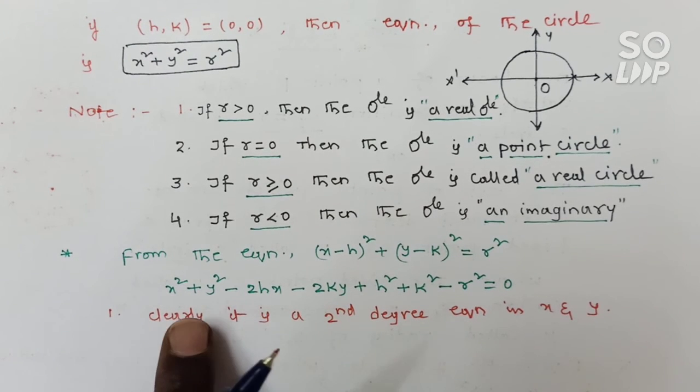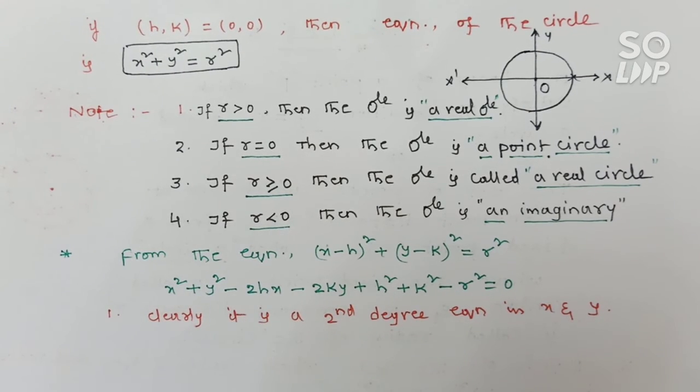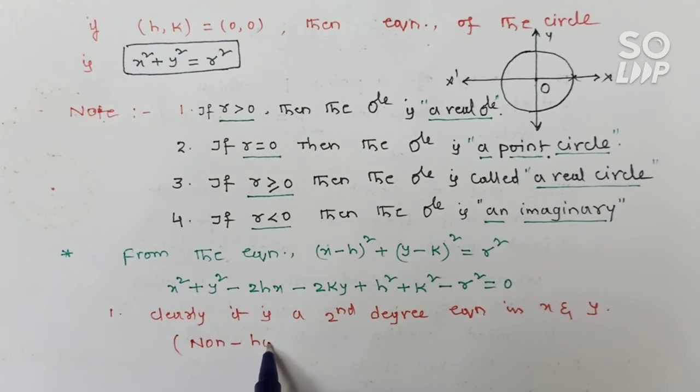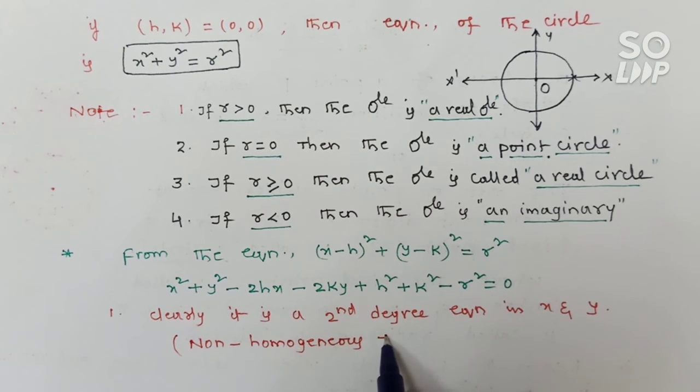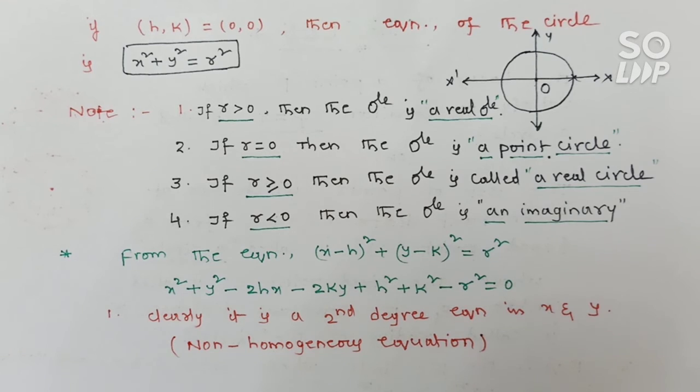So the powers are unequal, and very clearly it is a non-homogeneous equation. So you write in the bracket, non-homogeneous equation. So this is a second degree non-homogeneous equation in x and y.